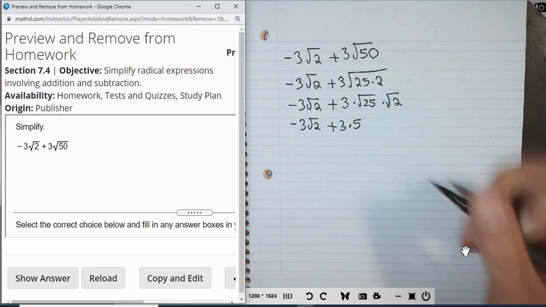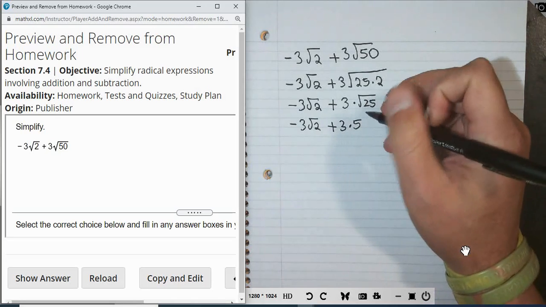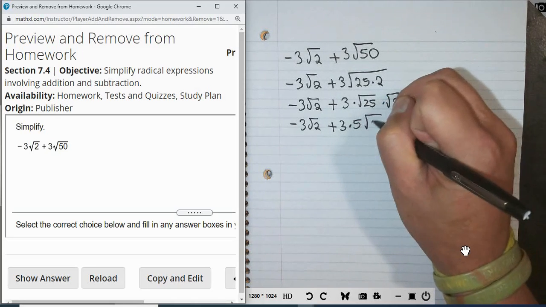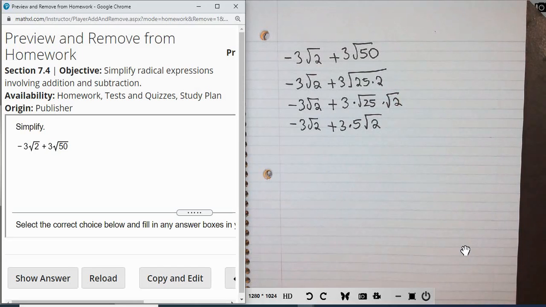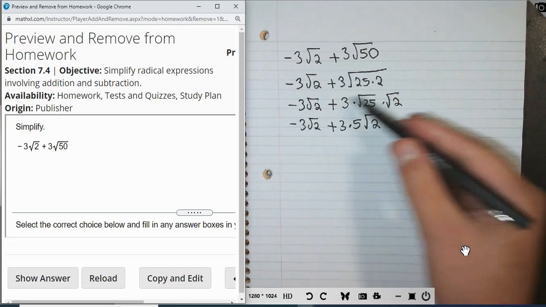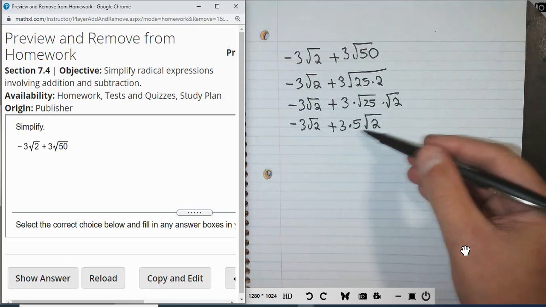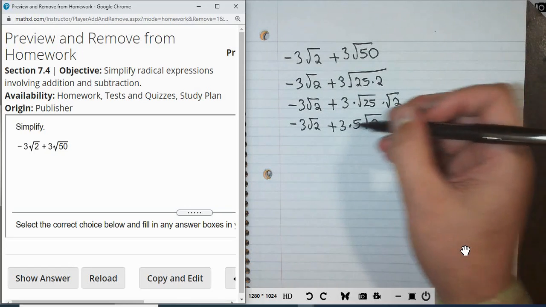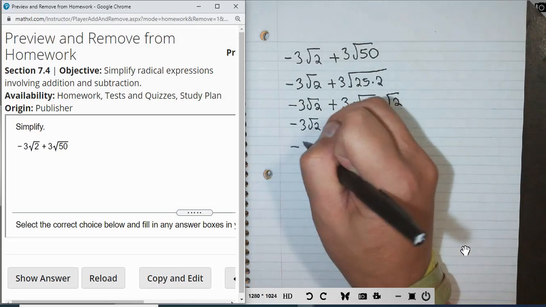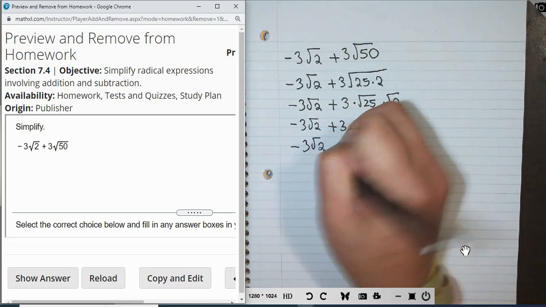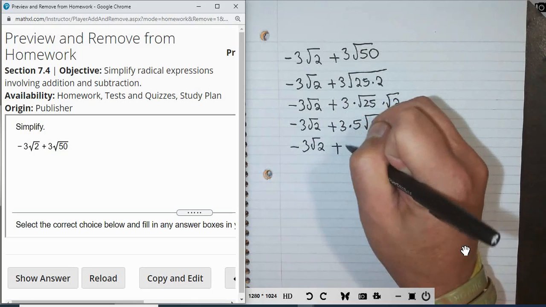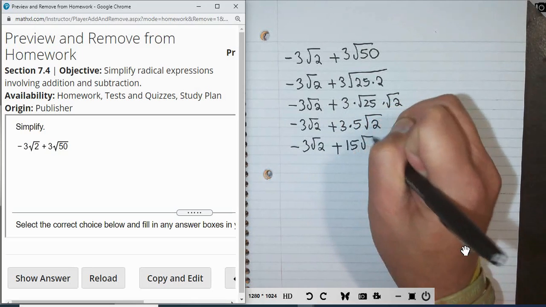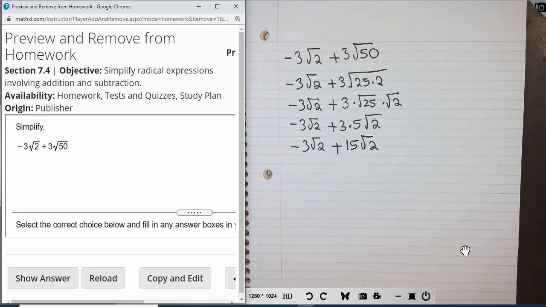I took the square root of 25, which was 5. Remember, when I take that out, I've got to simplify this product here, 3 times 5, which is 15. So now I've got it in this form: negative 3 square roots of 2 plus 15 square roots of 2.